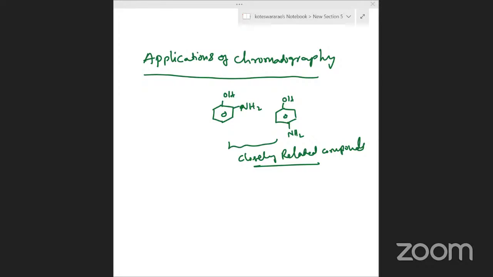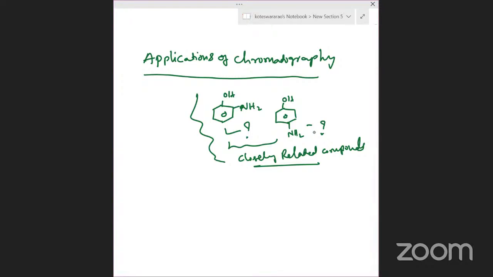Chromatography is employed for qualitative identification and quantitative determination of the separated compounds. Suppose the mixture contains these kinds of molecules, and I have separated it into 2-aminophenol and 4-aminophenol. After separation, identifying what type of compound each one is, is called identification of the compounds.